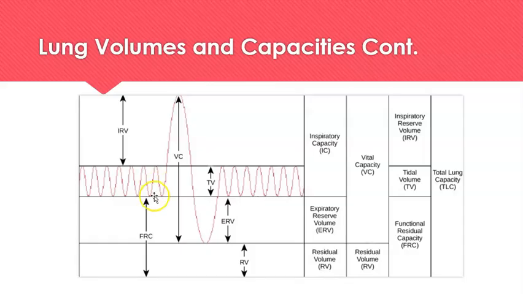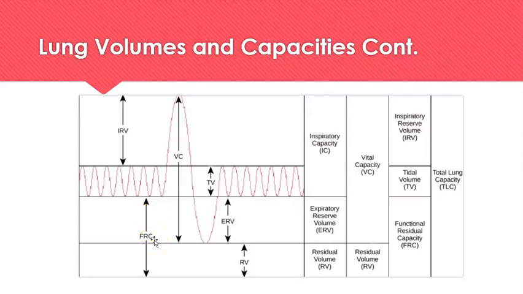Next we'll look at FRC, and that's the volume of air in the lungs after normal exhalation. So FRC, there's an equation. ERV plus RV makes up the FRC at approximately 40% of total lung volume, which makes sense. So this is adding the ERV and the RV.